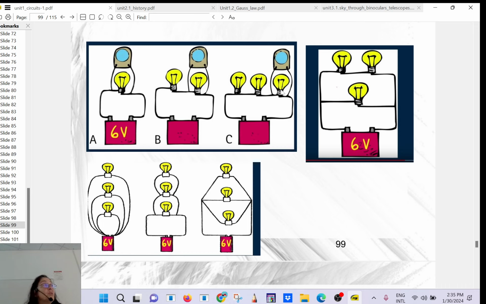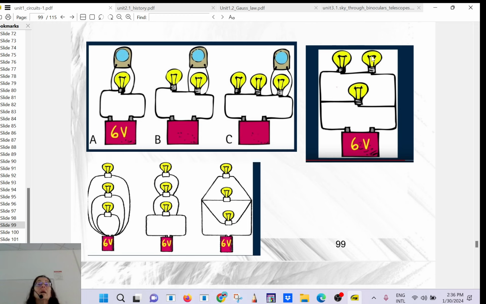Yes, you're right, 2. 2 volt, 2 volt, 2 volt. And the current will be divided by 3, because if you have R plus R plus R, that's going to be 3R. So 3 times the resistance, the current will be divided by 3. So here we have 2 branches in parallel.